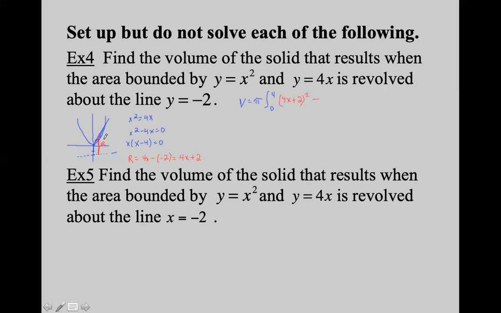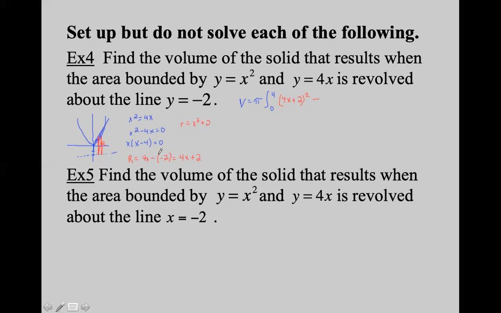Minus, now I need to do my little r. Well, my little r is the parabola, so x squared. So little r, if you think about it, would go from here to here, would just be x squared. That's that distance. But now I have 2 more units added onto that. So little r is x squared minus a -2, or x squared plus 2 additional units.